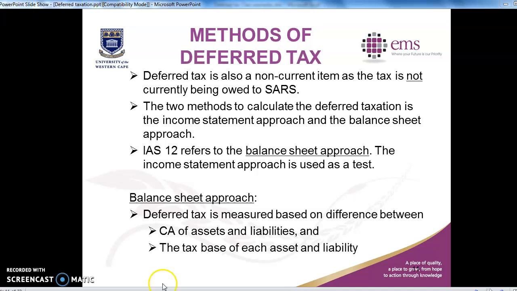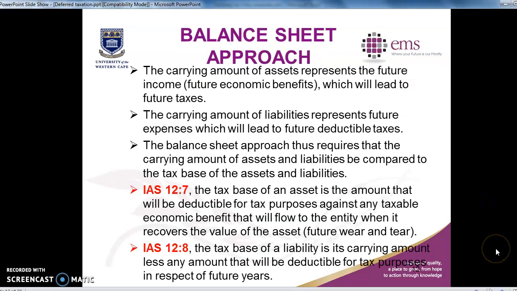So, let me go to the next slide. Alright? So the question is, what's the logic here? The logic is that when you think of the current year's profit on our statement of comprehensive income, we present our current year's profit, alright? We show our profit before tax, we have our total tax expense, and then we have our profit after tax.